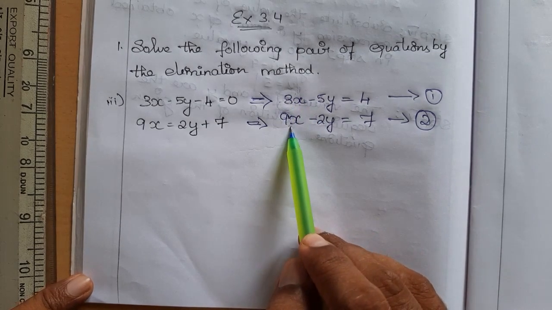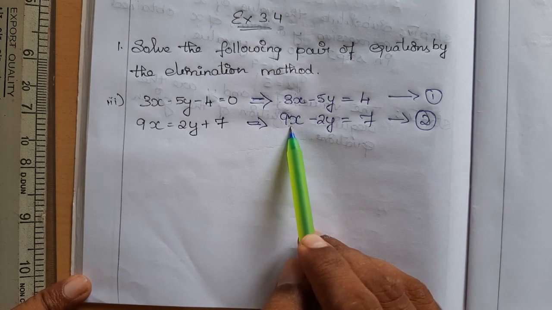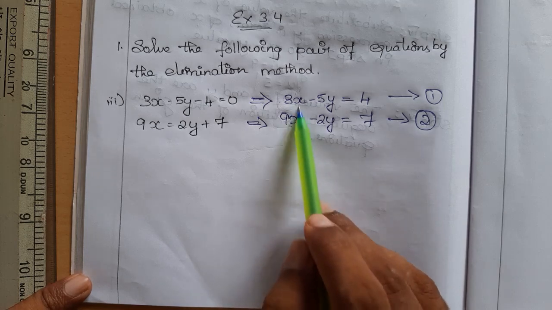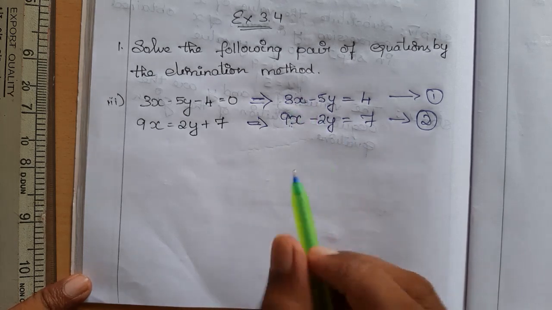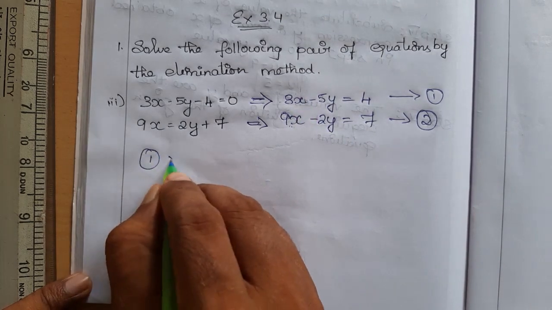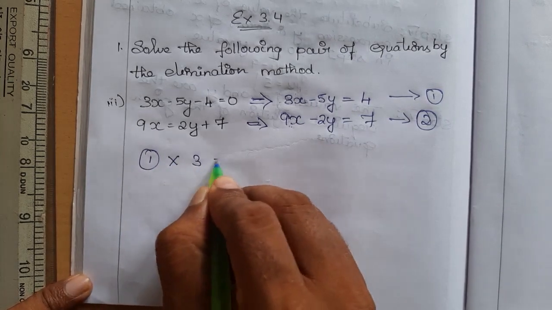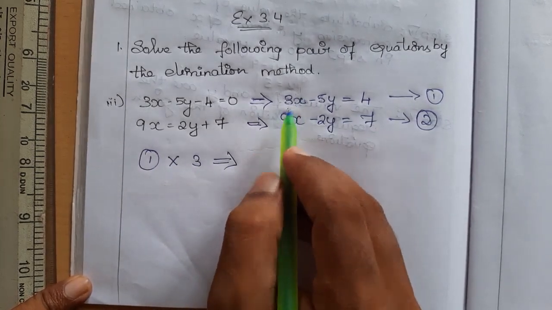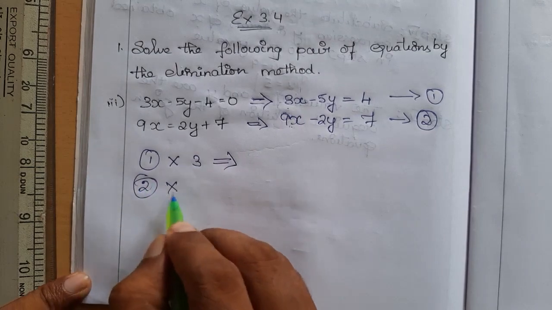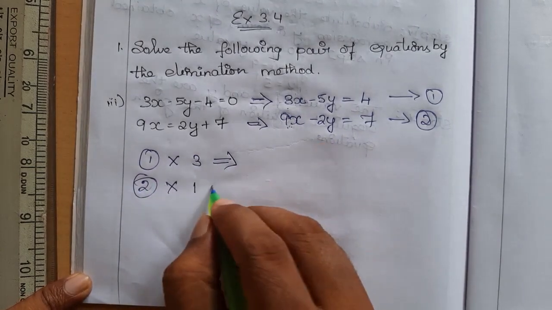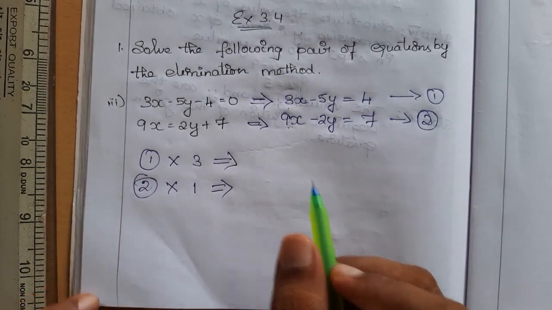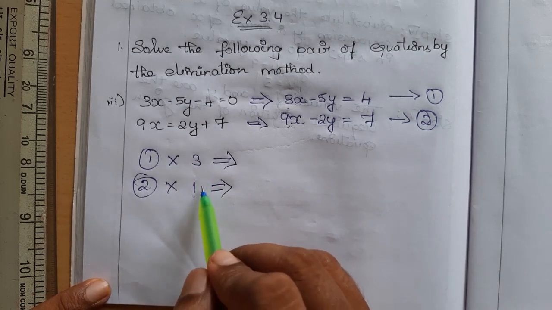And the second equation, we need not multiply anything, that means multiplying by 1. So both coefficients will be the same. So for the first equation, I am going to multiply with 3, so it will obtain 9x. And the second equation, I am going to multiply with 1 to remain the same. Clear? Any number except 0 you can multiply.